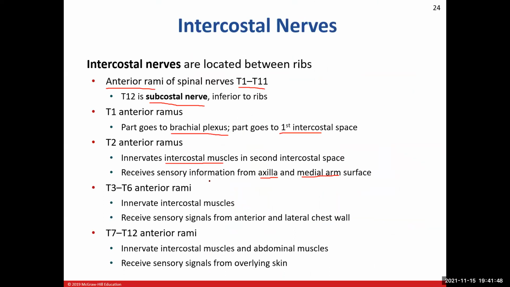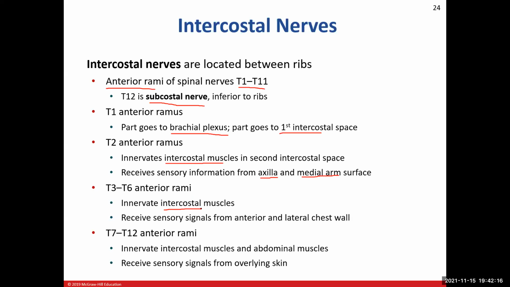For T3 through T6, those anterior rami are also going to innervate the intercostal muscles. One of the things I should have mentioned before, when we're talking about our spinal nerves, and you might not recall, is that those spinal nerves are mixed nerves, which means they have sensory neurons and motor neurons.